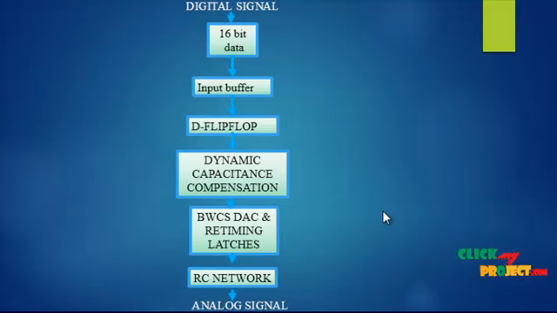Using binary weighted current steering, the digital to analog conversion is done highly efficiently. Finally, the output analog signal is fed to the output side through an RC network. The RC network is a filtering component that filters the unwanted noise and signals in the output signal.